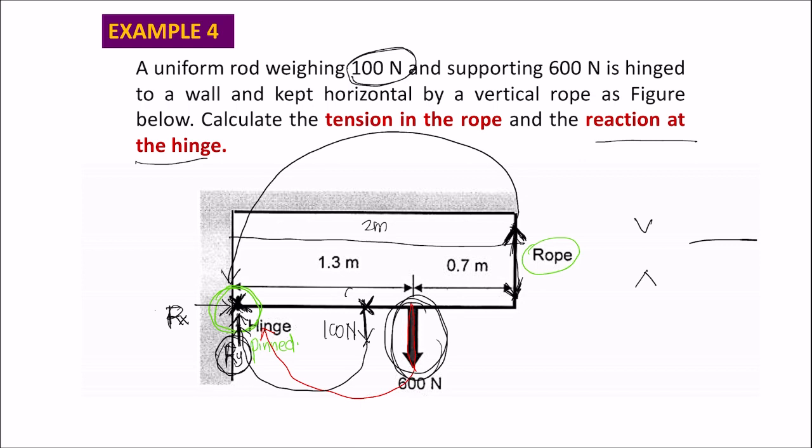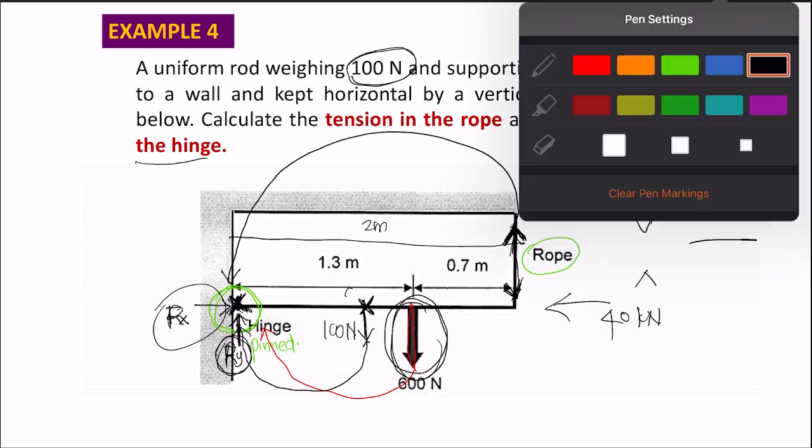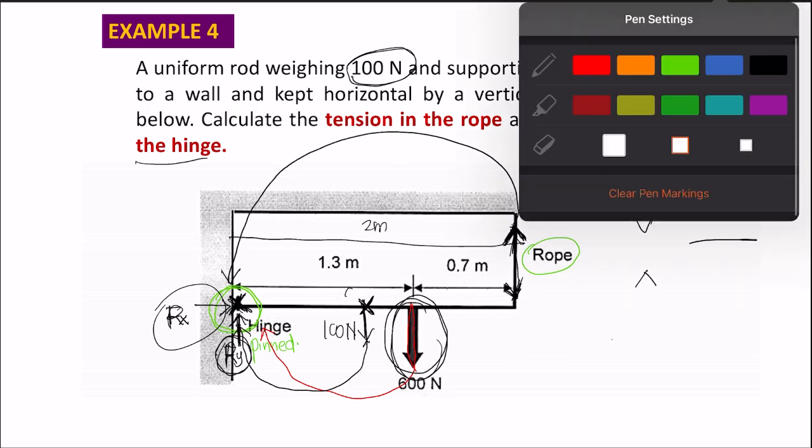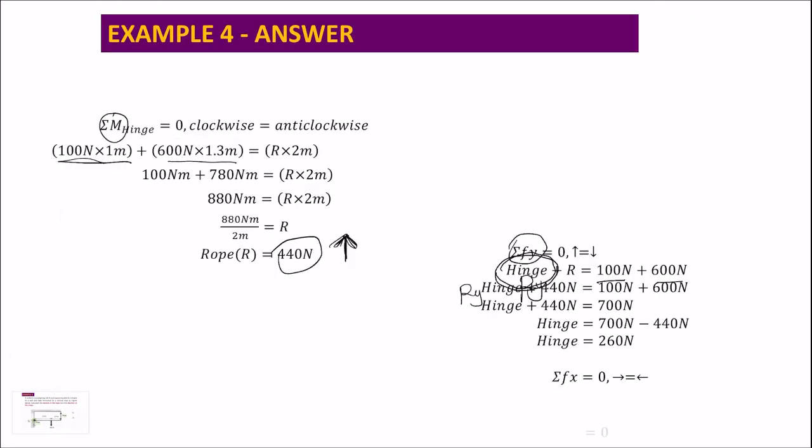Tak ada yang ke kiri ke kanan. Rod ni, dia ada reaction ini je. Yang lain tak ada. Unless you ada this kind of force, for example, dia bagi 40 kilonewton dan there is some value. Tapi since in this case, there is none, therefore, kita akan calculate dia tiada lah. Okay.